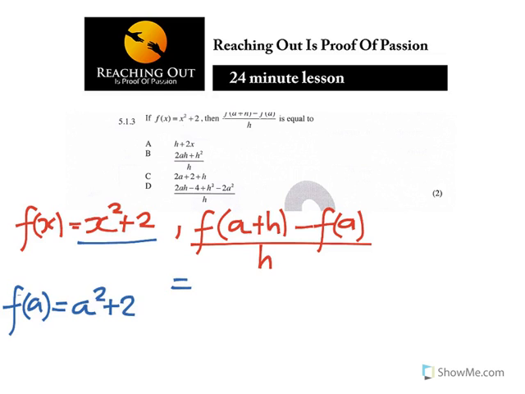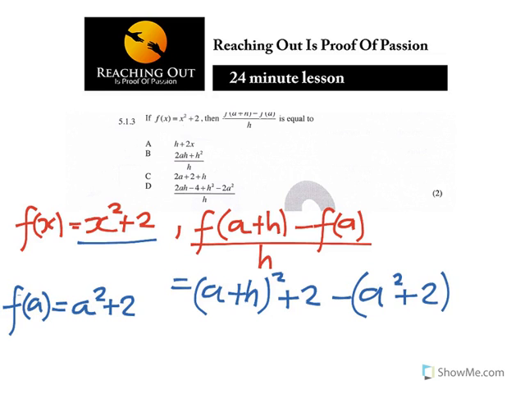So in this regard, f of a plus h, you are going to have a plus h squared plus 2, minus f of a, which is a squared plus 2, all over h.